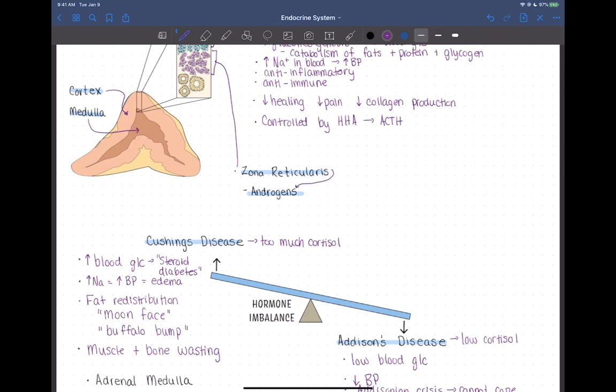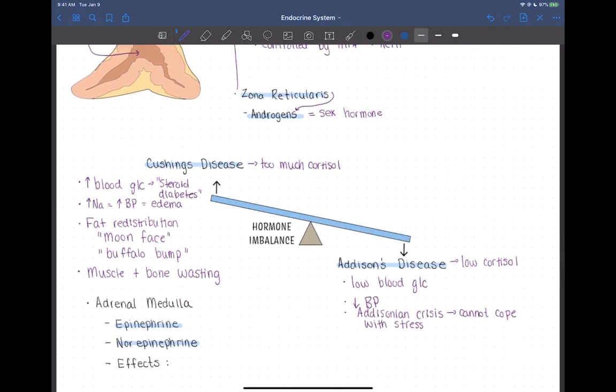And so androgens are basically just sex hormones. All right, and so the adrenal cortex contributes very minimally to sex hormone production in individuals. Most of that is going to come from either the ovaries or the testes, all right? But the adrenal glands do have some role in producing androgens.